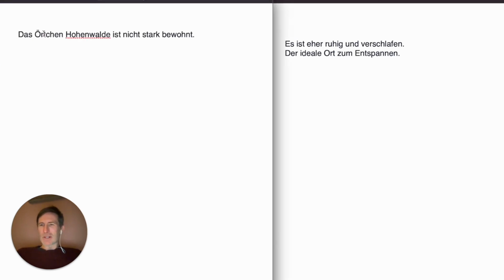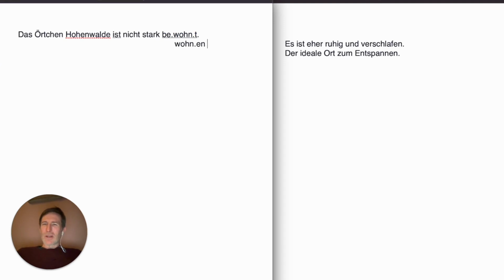Here is a lovely one. Das Örtchen Hohenwalde ist nicht stark bewohnt. So the verb is ist, and now we look at the end. We have something that has wohnen in there. You might recognize this as a verb. So it is bewohnt. What does that mean? Well, ignore the be.